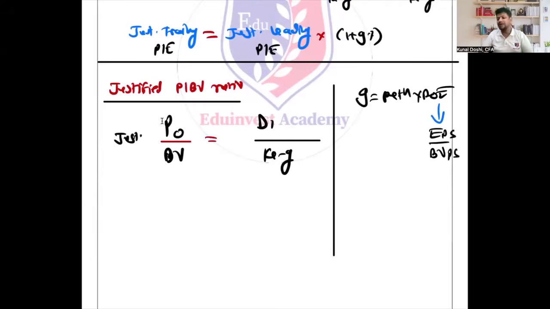So I know ROE is also earnings per share divided by book value per share. Now remember, instead of book value per share, I can convert the ROE into something.